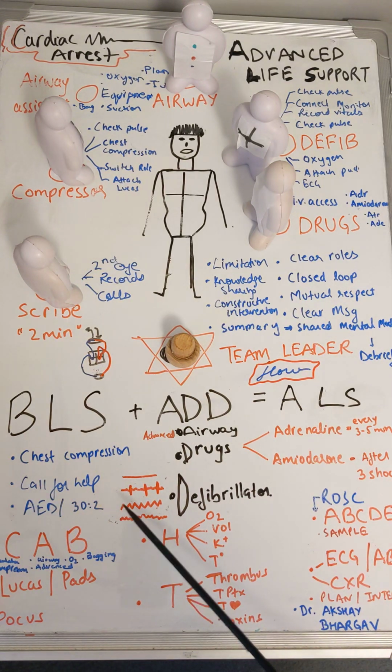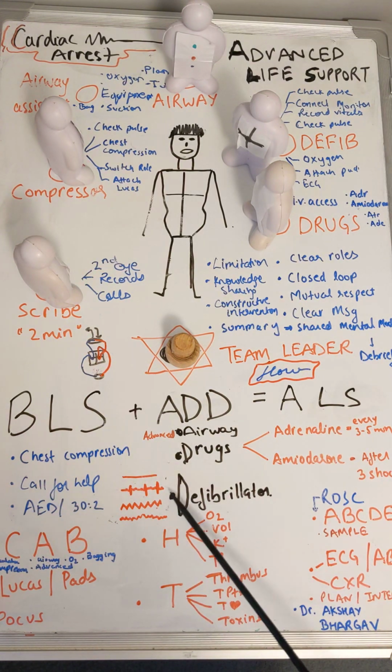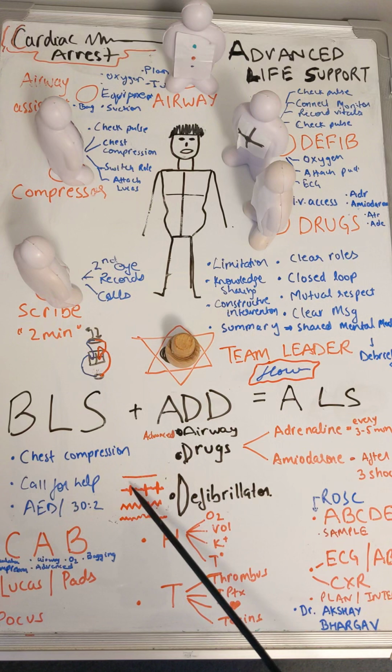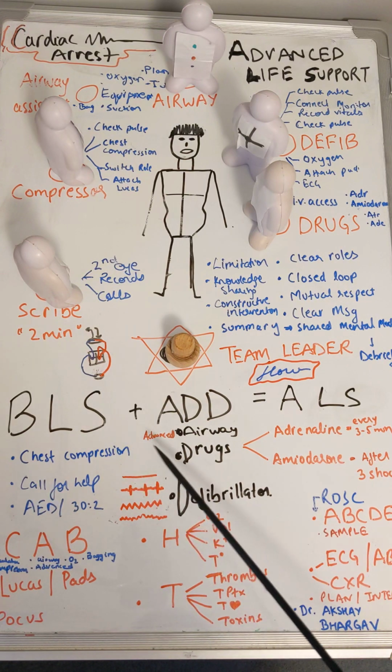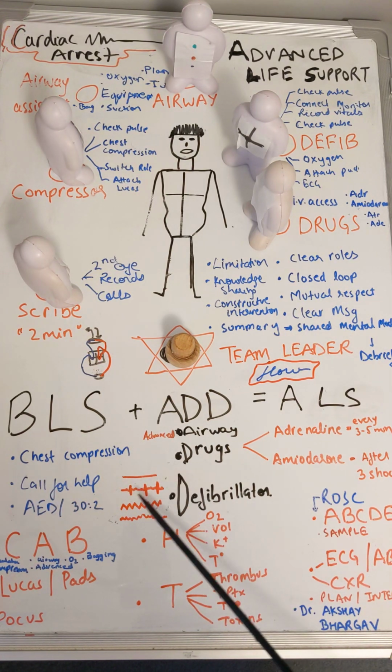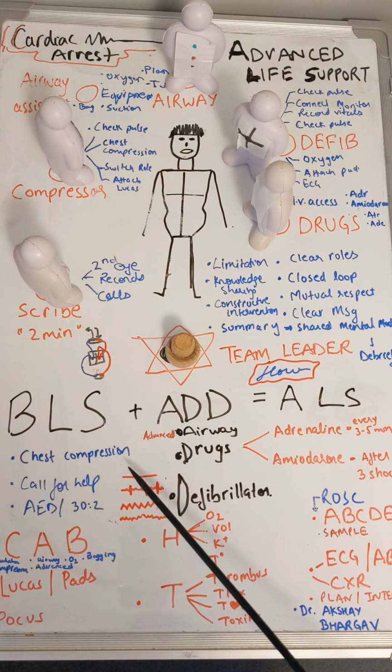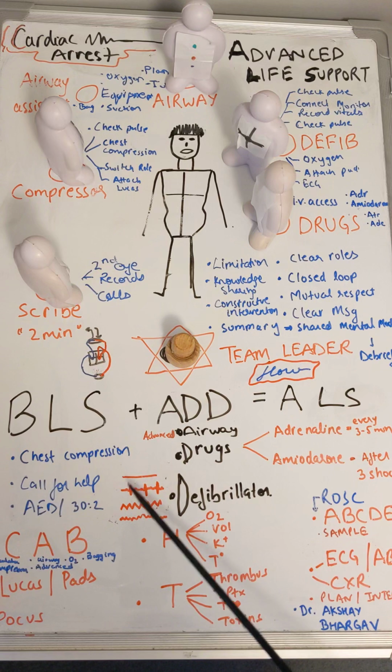These are non-shockable rhythms, which means that the heart is either not contracting at all, or it is contracting normally, but the flow is still not happening within the body. That is why you're not getting any pulse. So this would be called pulseless electrical activity.